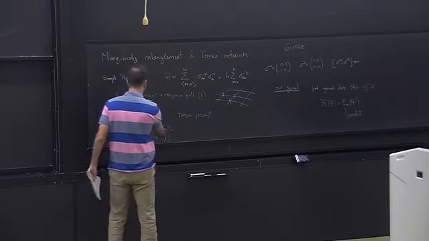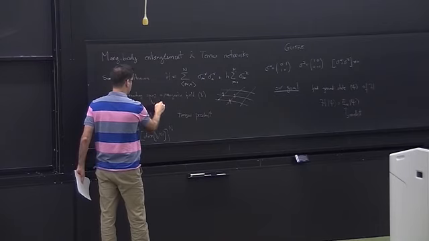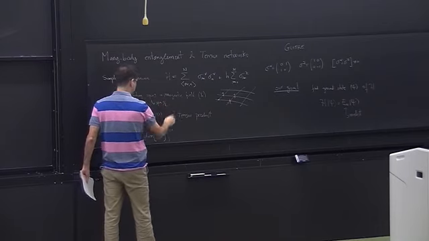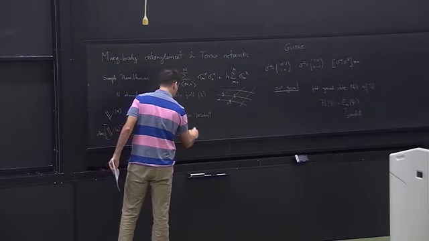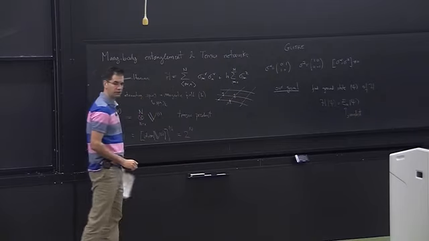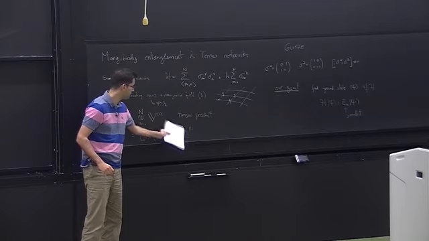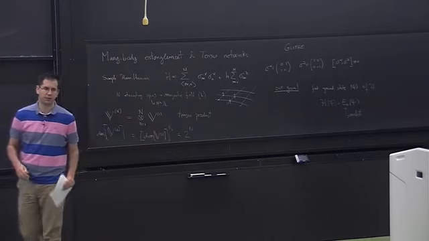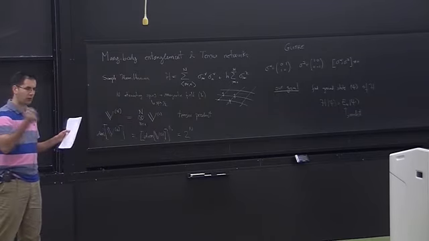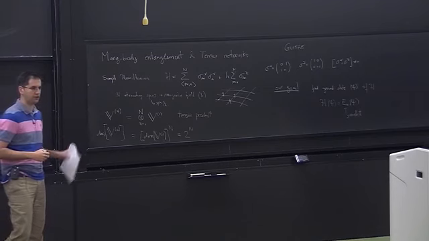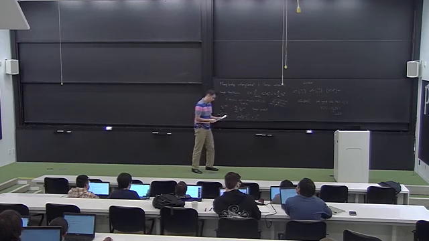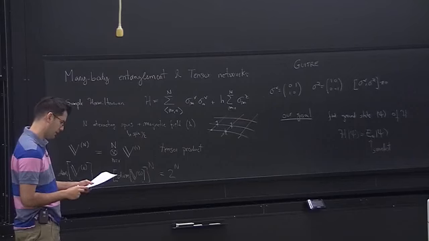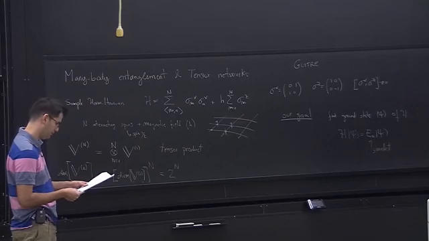So if it's spin 1/2, then this dimension is just 2, and we get that this goes as 2 to the n. What's important here is that this dimension grows exponentially in the number of quantum spins. So every time you add one quantum spin, you have to double the dimension of the Hilbert space, and that will give us a very important computational problem.